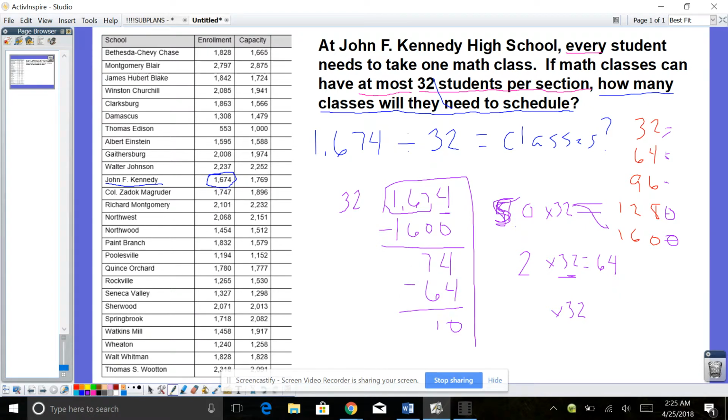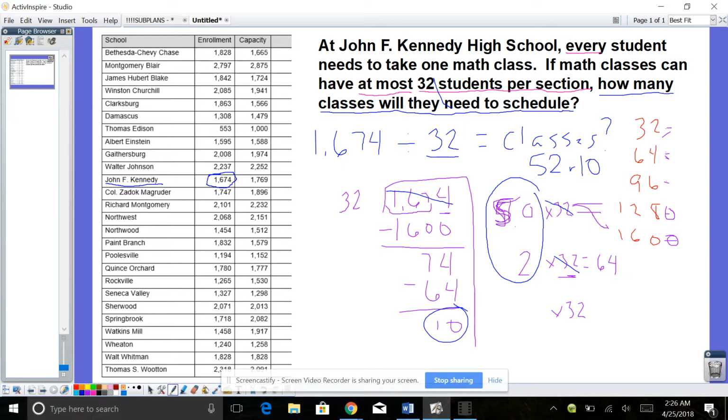Okay, and where am I going to look to find the answer to my problem? Well, if 32 was a factor I knew, I don't need it there. If 167 is something I knew, I don't need it there. What didn't I know? I did not know this factor. Okay, so I can have 52 classes, and there's a remainder of 10 students.